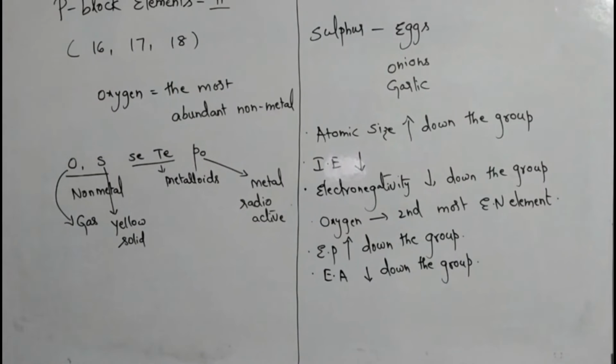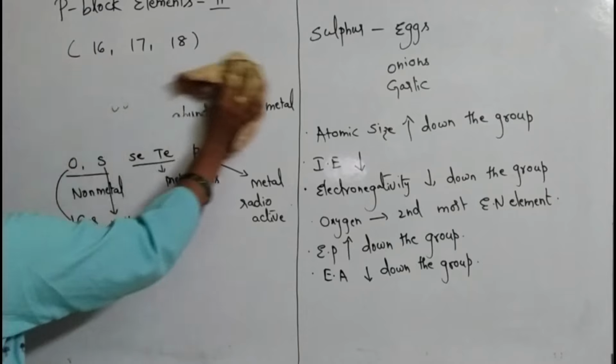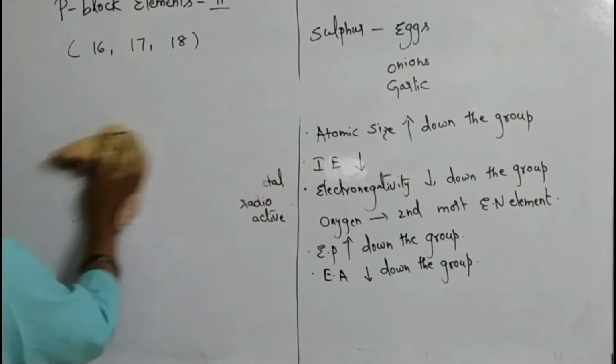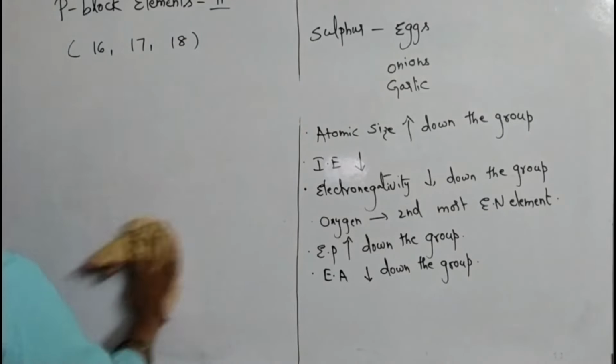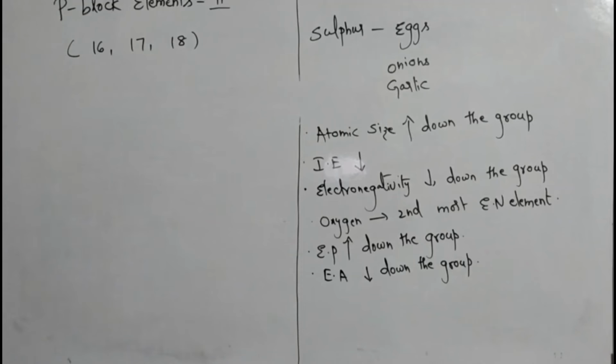Okay, and next, if you go for physical properties, okay, now, not physical properties, if you go for chemical properties, the chemical properties of certain elements of 6A group. You all know that oxygen and sulfur are non-metals, as I told you.